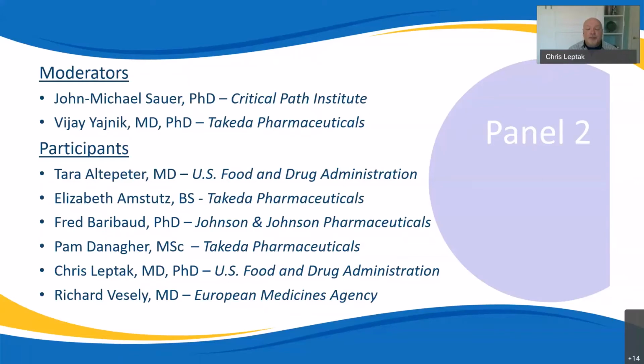I think to get at the idea of what can make it into the label at the time of initial approval really depends in part on how available a given biomarker may be, obviously in addition to our understanding of its parameters and how it performs. But outside of that, the information that we put into the label, we want people to be able to use it.